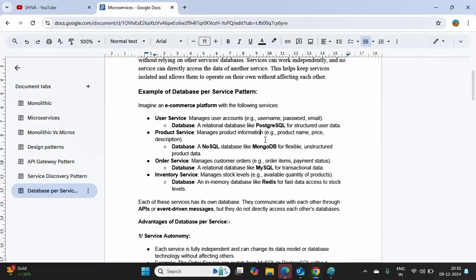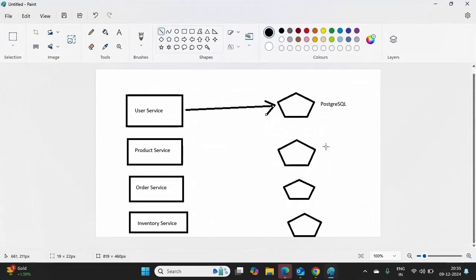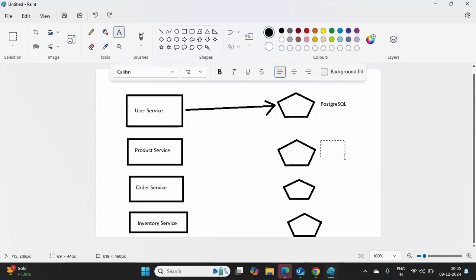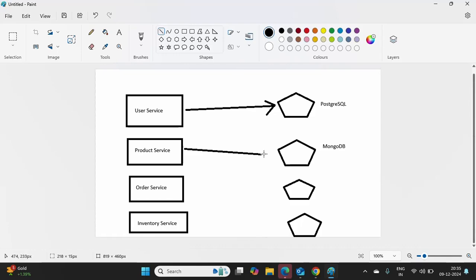For maintaining product data, MongoDB, a NoSQL database, is the suitable one. That's why I'm choosing MongoDB here, and my product service is going to interact with this MongoDB.